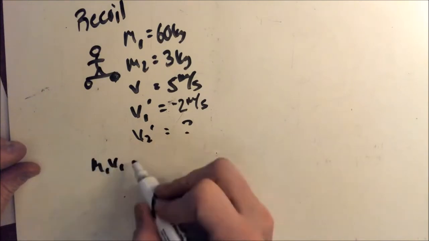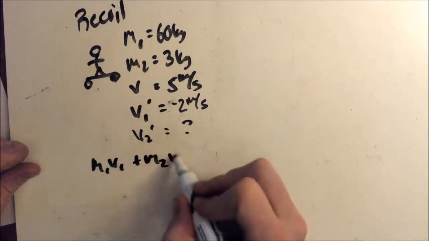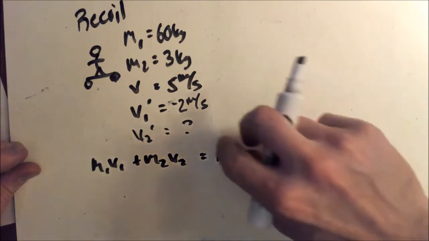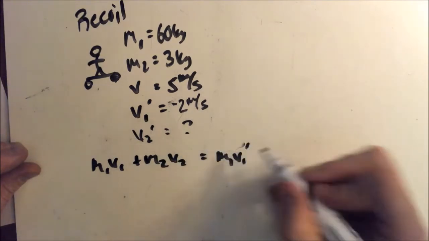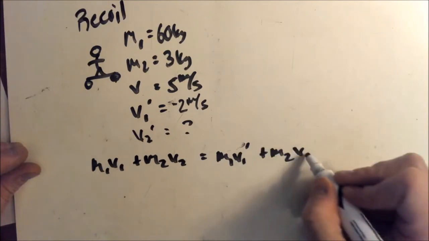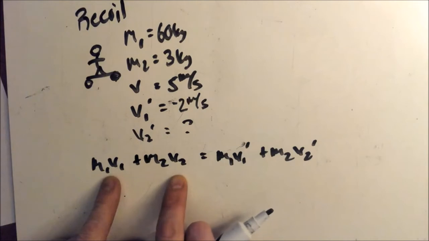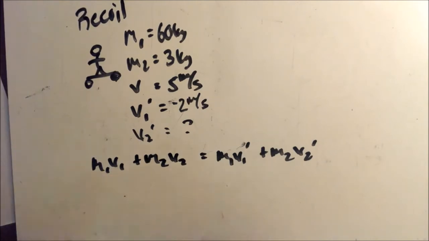We know our equation is m1 v1 plus m2 v2 equals m1 v1 prime plus m2 v2 prime. We know that already. But since the boy is riding on the skateboard, we can say that these two are equal.